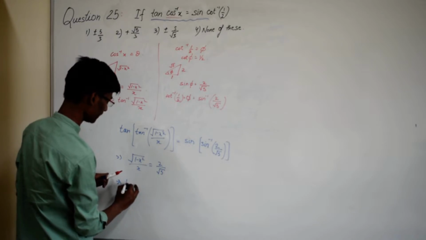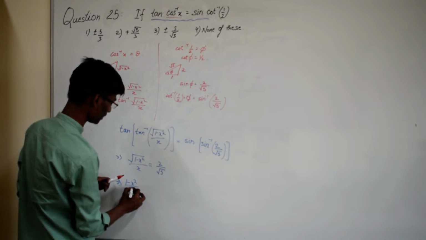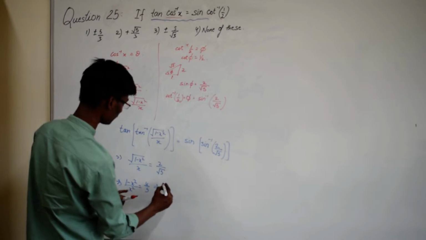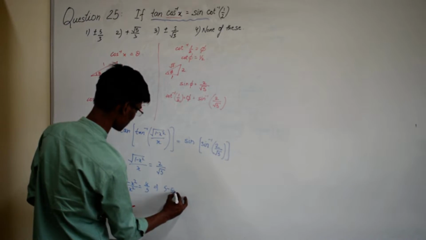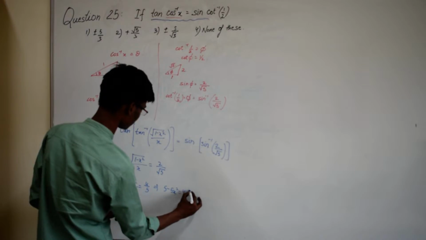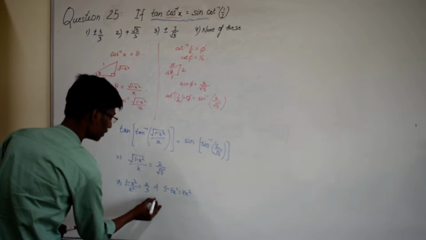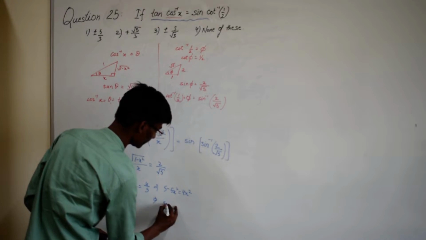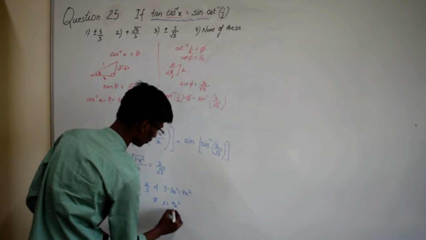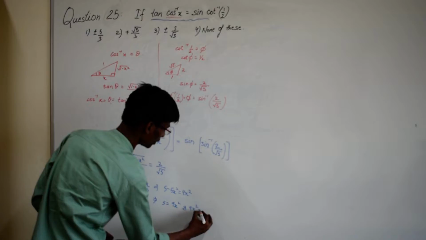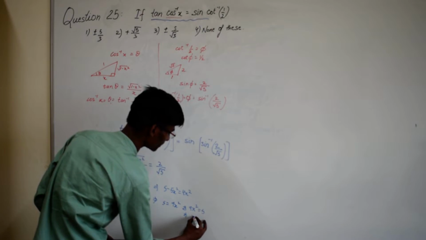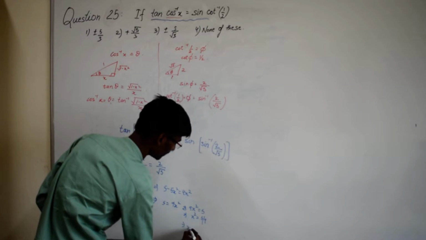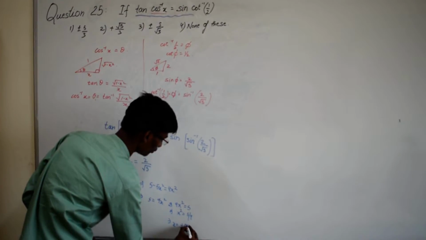Now squaring both sides, we get 1 minus x square divided by x square equals 4 upon 5. Rearranging, we get 5 minus 5x square equals 4x square. Adding 5x square on both sides, we get 5 equals 9x square, so x square equals 5 by 9. Taking under root on both sides, we get x equals plus minus root 5 upon 3.